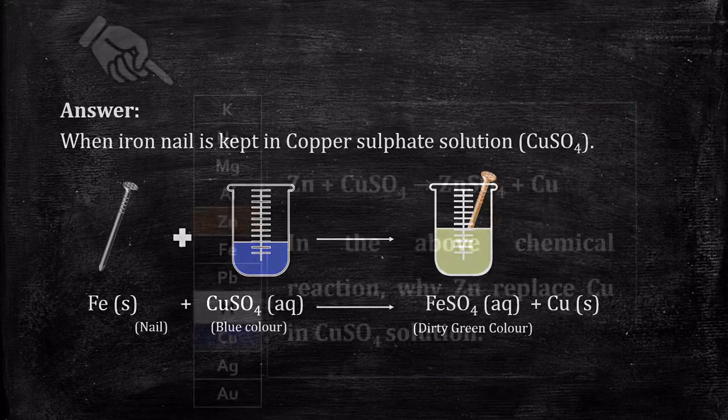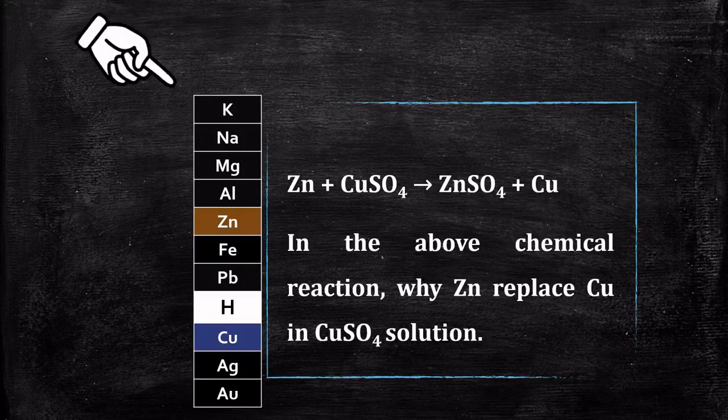In this next question we have the reaction zinc plus copper sulfate gives zinc sulfate plus copper. The question is why zinc replaced copper in copper sulfate solution. The answer is that if we look at the reactivity series, zinc is above copper, and this means that zinc is more reactive than copper.